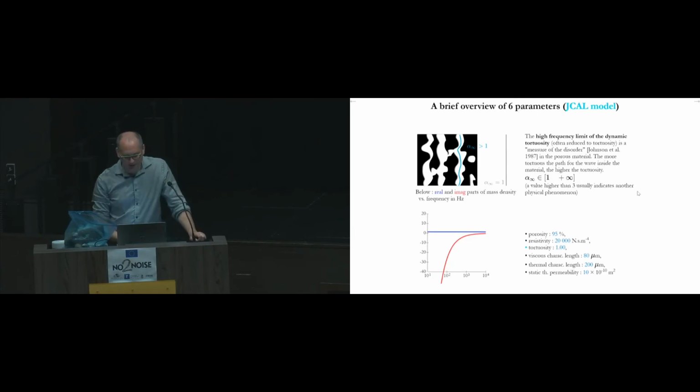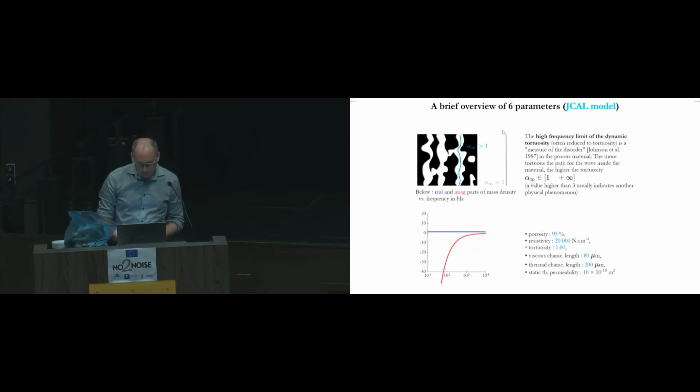The third parameter is, usually we say tortuosity, but it's not correct. We should say high frequency limit of the dynamic tortuosity. It's a bit long, so we say tortuosity. Johnson, Koplik and Dashen introduced these parameters, saying that this is a measure of the dead ends inside the porous material.